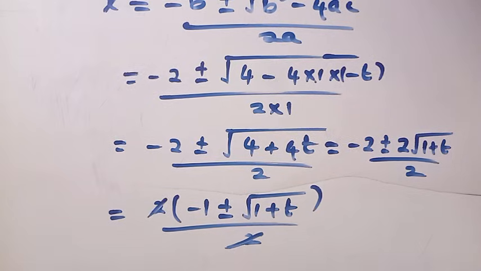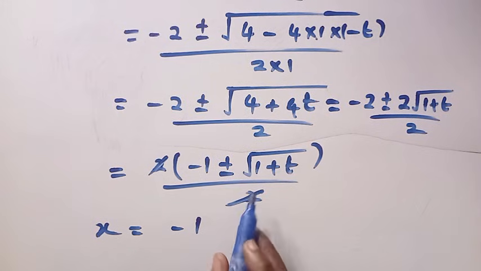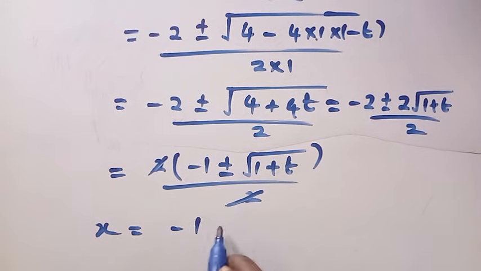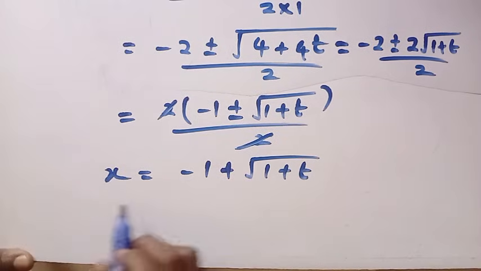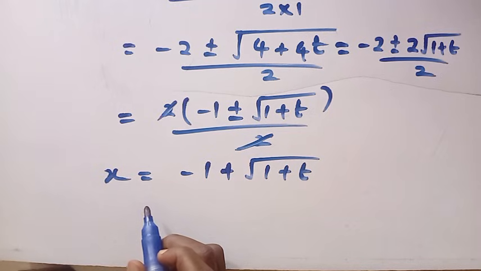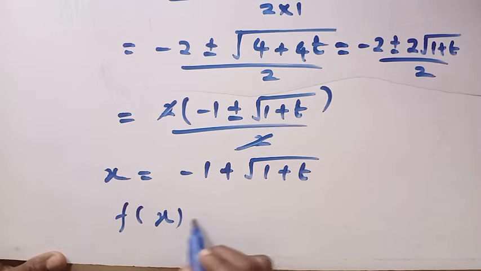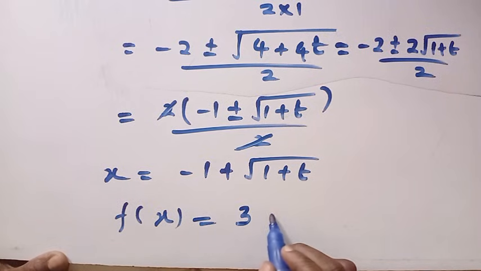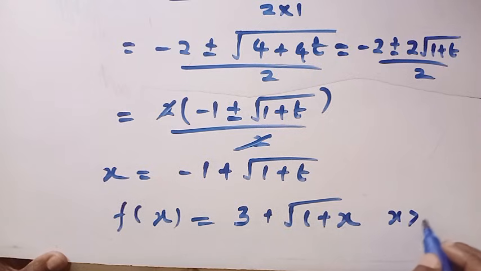So 2 cancels 2, and we have x equals minus 1, for only the principal root, plus the square root of 1 plus t. And since this is what we have, to find f of x, for x plus 4, just add 4 to this, and we have f of x equals 3 plus the square root of 1 plus x. So this is how I solve this step by step, where x here is greater than minus 2.